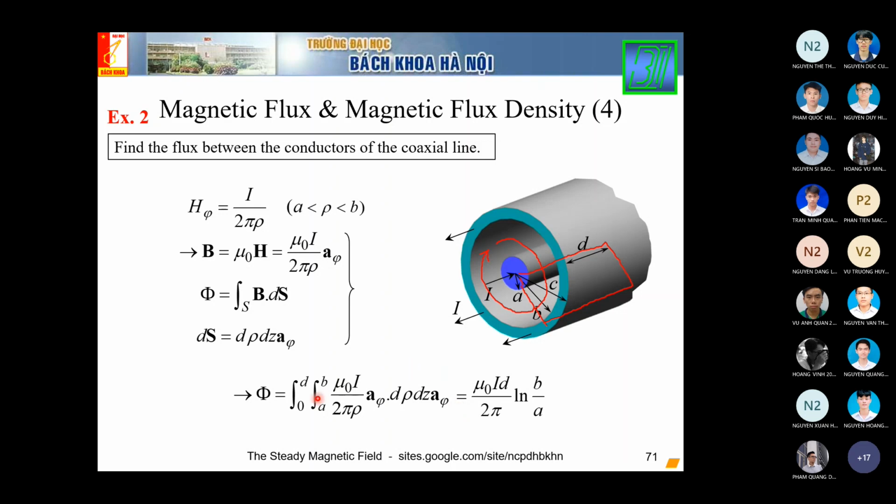I think that this integration is not very complicated because the only variable is rho, and the primitive function of 1 over rho is a natural logarithm of rho, and we got this. The magnetic flux here is proportional to the current and to the length of the Gaussian cable. There you are.